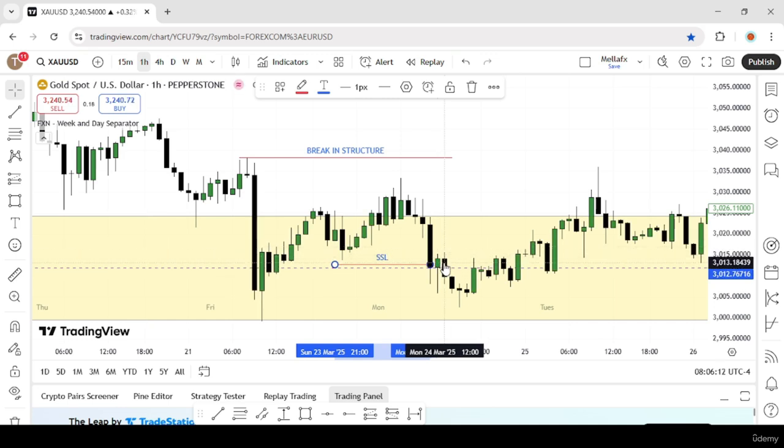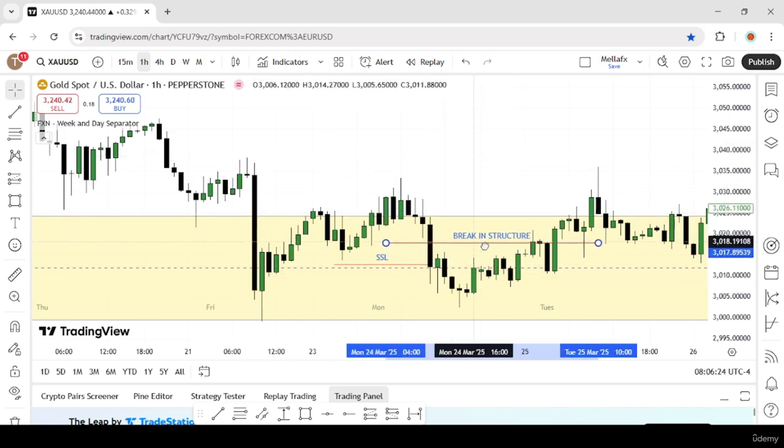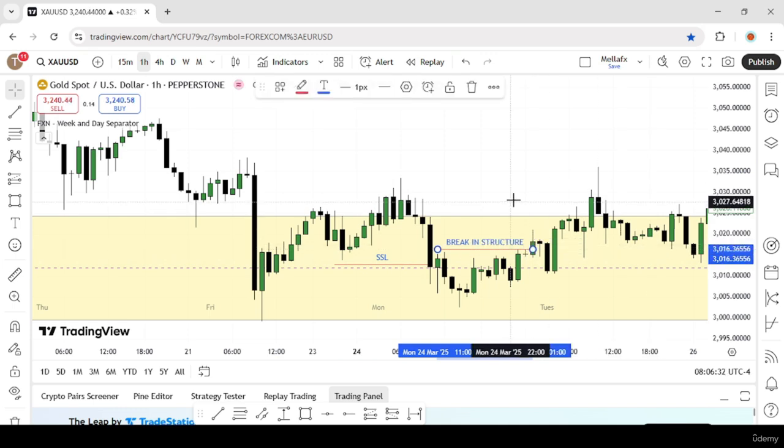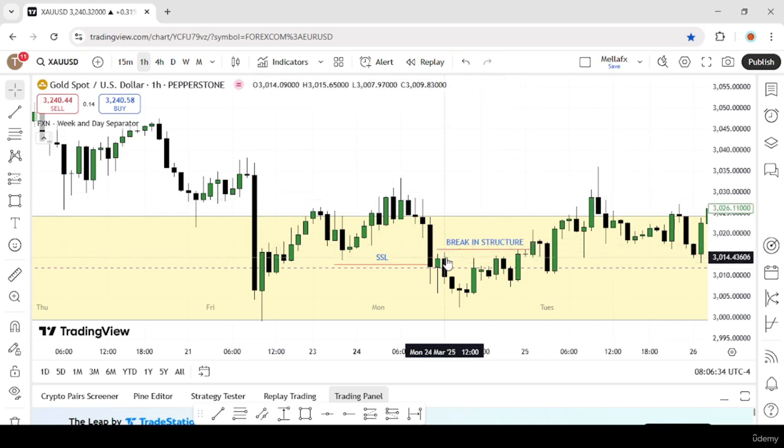Why is it a swing high? Because we have a high which is lower than this high to the left and also to the right. So ideally, once we run these sell stops here, this is what we would want to see as our break in market structure.